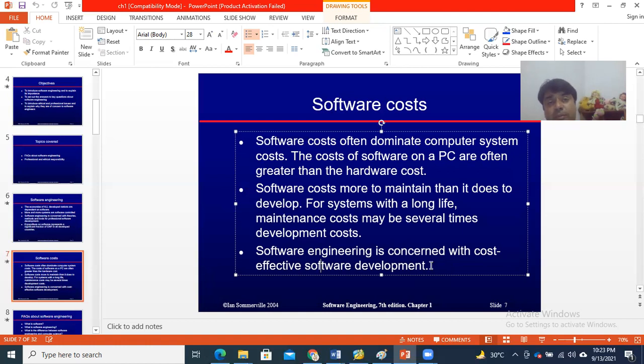Then we discussed the cost of software and the cost of hardware. Then we discussed the dominance of cost in terms of maintaining software versus developing software, and then cost effective software development.